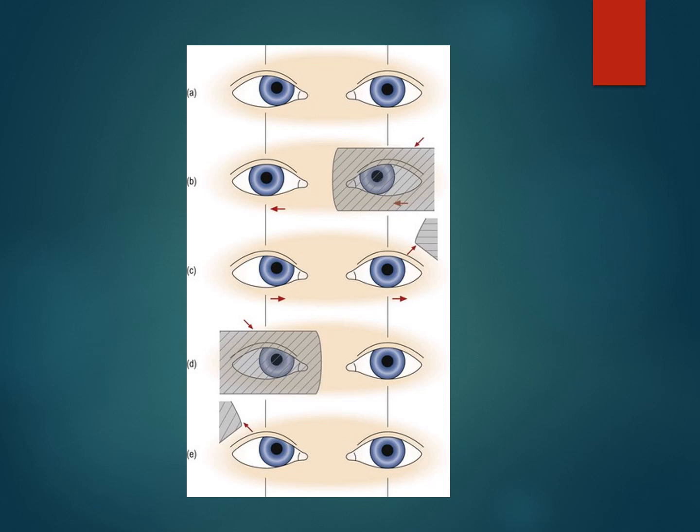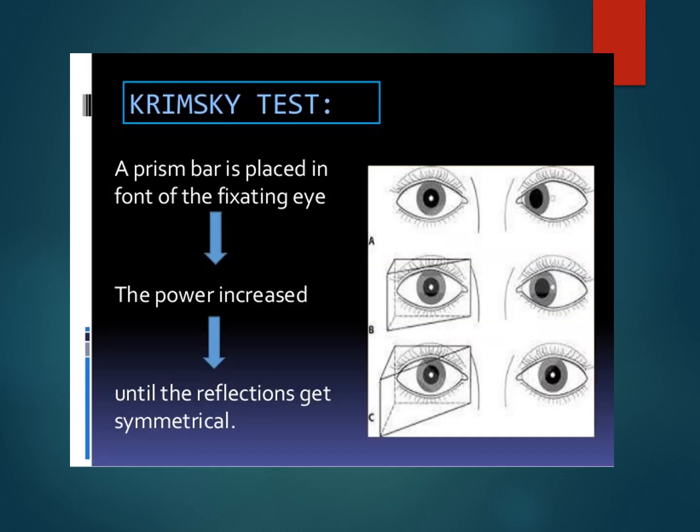Alternate cover test. In this, the eyes are covered alternately in quick succession, and this calculates total deviation, that is phoria and tropia. Krimsky's test.